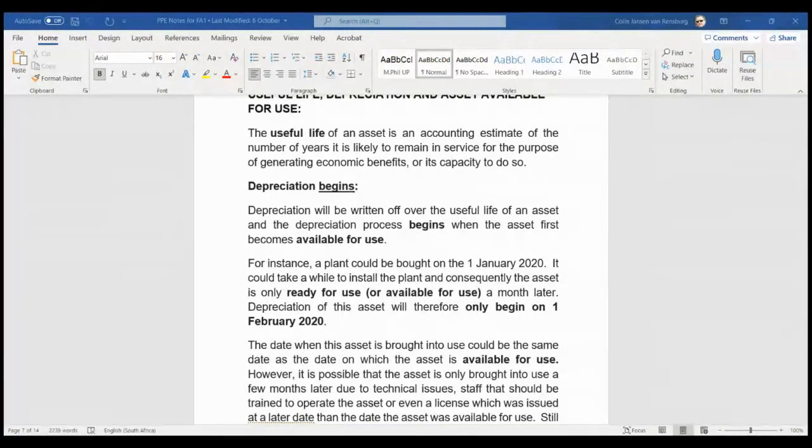So, ladies and gentlemen, out of those three possible dates, the date of acquisition, the date when you actually start using the asset, or the date when the asset is ready for use, on which one of those three dates should you start the depreciation process? If you can type a little answer for me there, please.